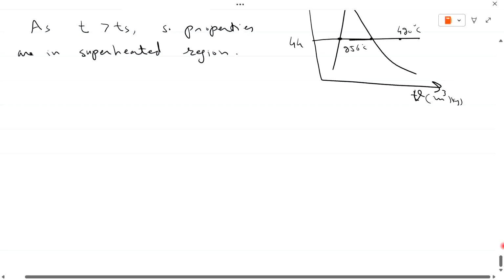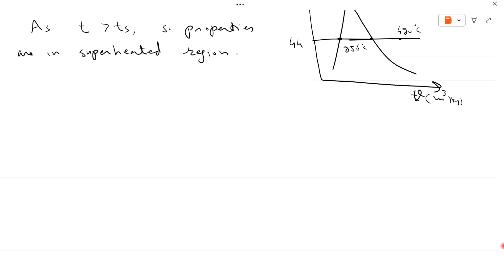Now pressure 44 bar and temperature 420 degrees centigrade are not available in the superheated steam table.